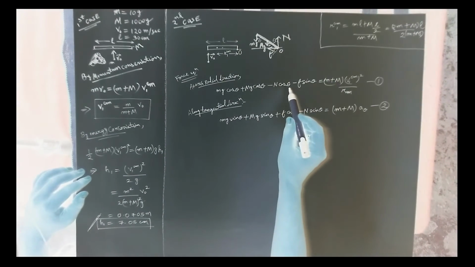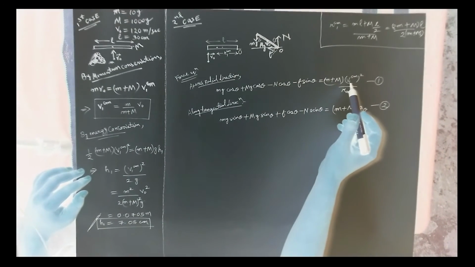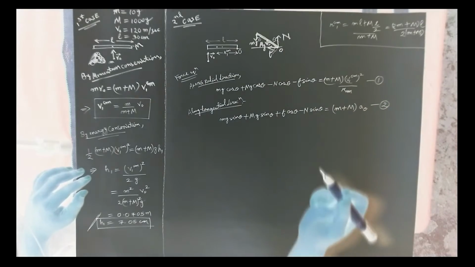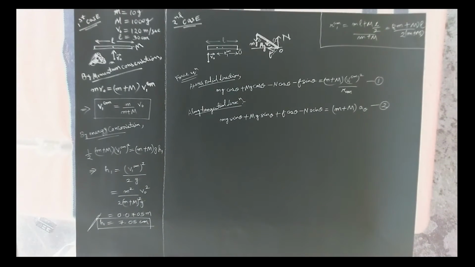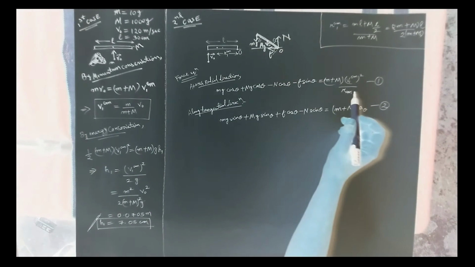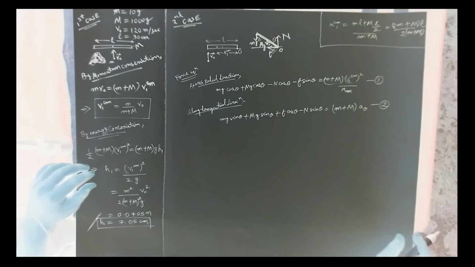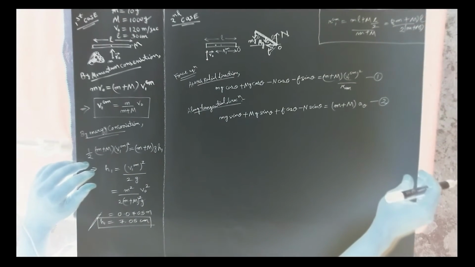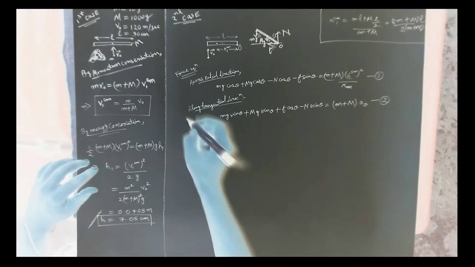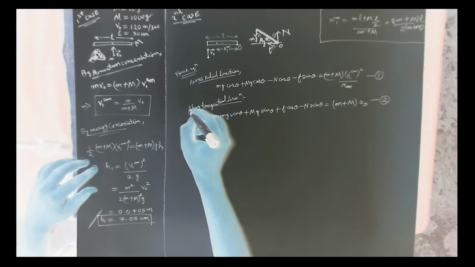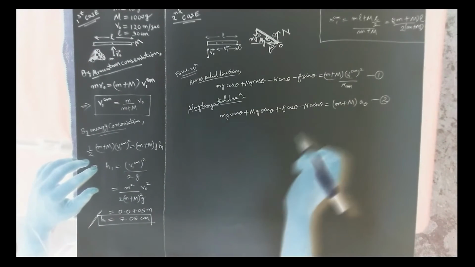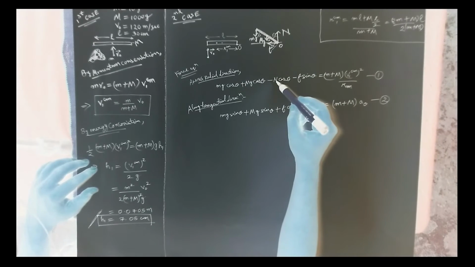Now what are my variables here? You see, it is theta, f, v1cm, N, and a theta. So we have 5 variables and we have 2 equations. We need 3 equations, but I will say that N will become 0.